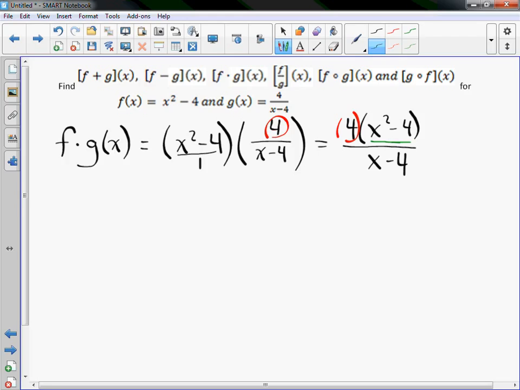Okay, so up top, we can distribute. And we get 4x squared minus 16 over x minus 4. And we should be done with that one.